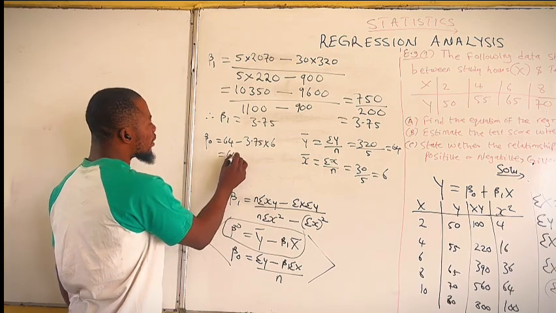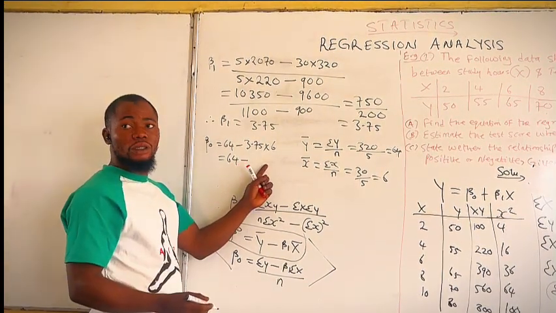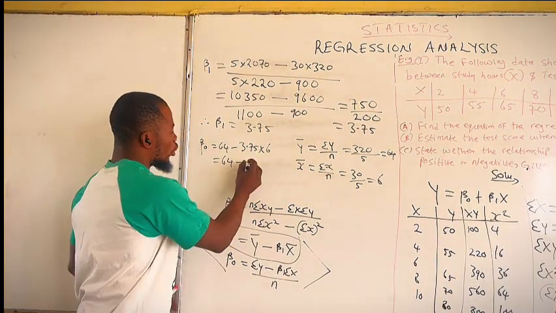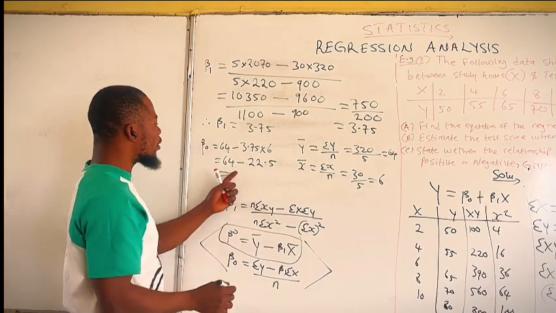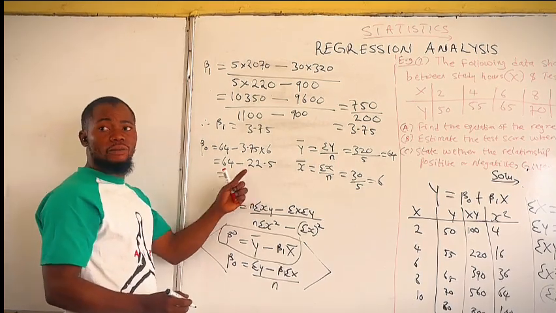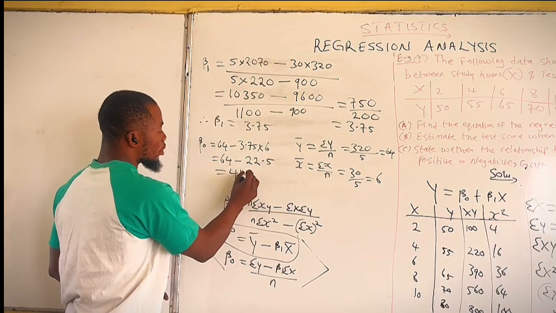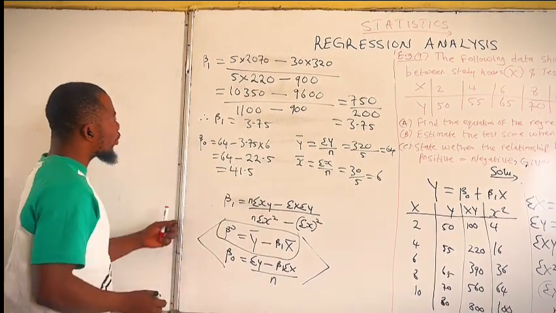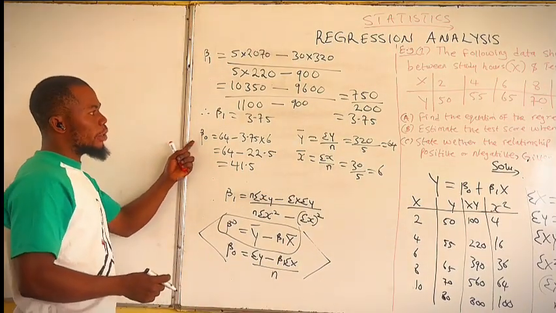So we'll be having 64 minus 3.75 times 6, which is 22.5, which will now give us 64 minus 22.5, 41.5. So we've calculated the value of our beta 1, and we've calculated the value of our beta naught.